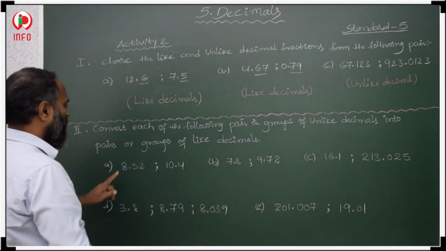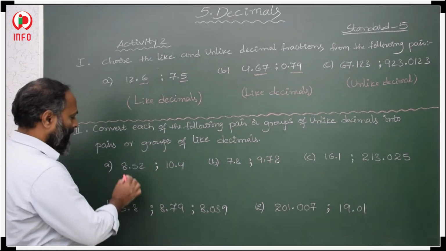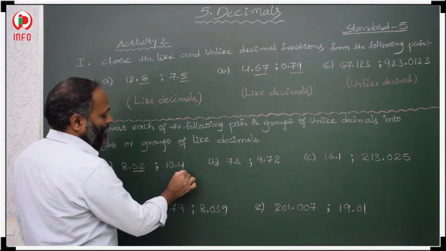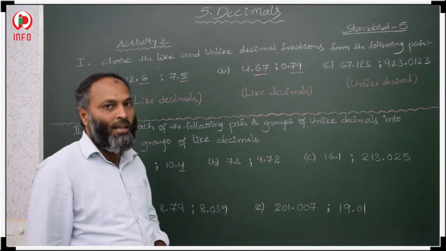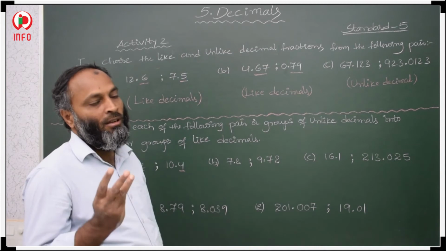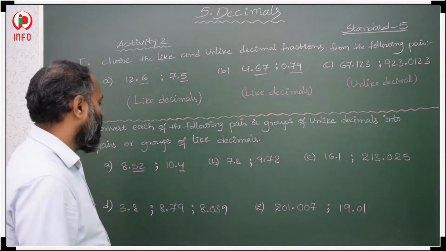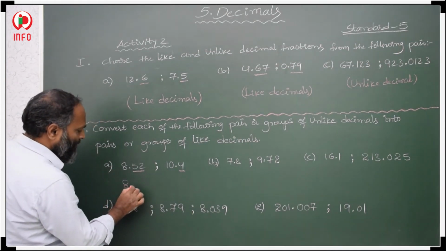Now here 8.5 and 10.4 something. So here after the decimal 2 places are there, and here after the decimal 1 place is there. However many places are fewer, that many zeros we have to keep. If we keep zeros, there is no change in the numerical value. So here 8.5 to 8.